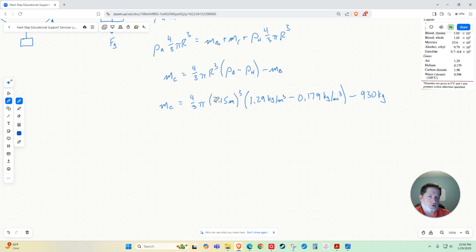The 7 cubed number here, that's 7 times 7 is 49, so we have a little bit more than that, even higher than 50, but we'll round it to 50. Times 7 again, you're looking at 350, but again, we're rounding down, so let's go and round that up to even 400. With that 4, it gives us 1600. Pi and 3 is about a wash, so that's about 1600.